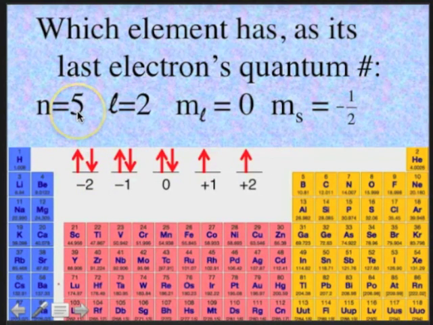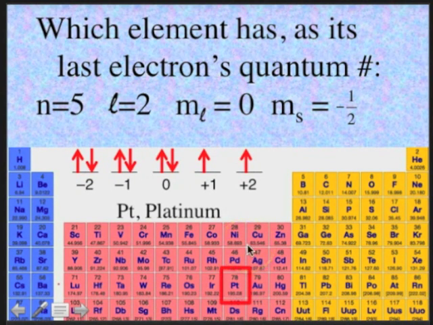So we're in n equals 5, so that's going to be a 5d orbital. d orbitals start at 3. This is 3d, 4d, 5d. Now we count over 8 electrons, 1, 2, 3, 4, 5, 6, 7, 8, and there it is. Platinum is the element that has this quantum number.